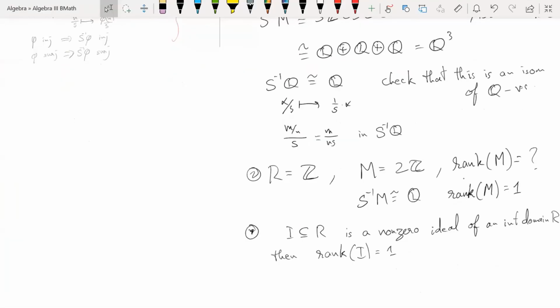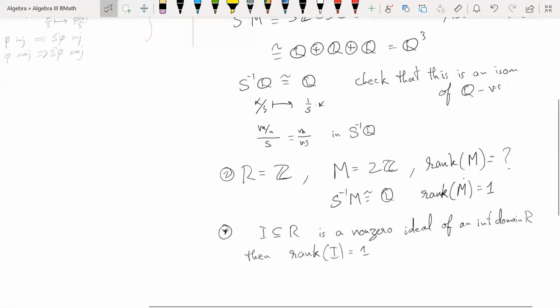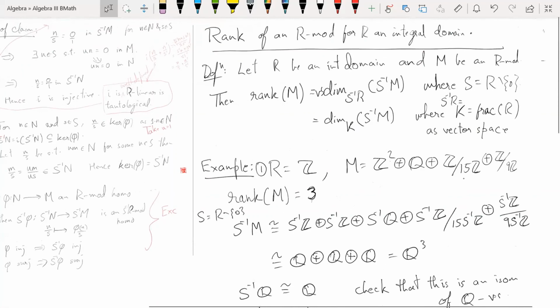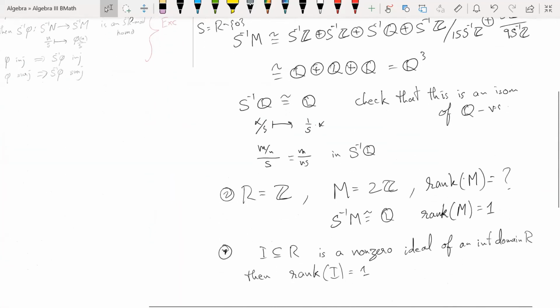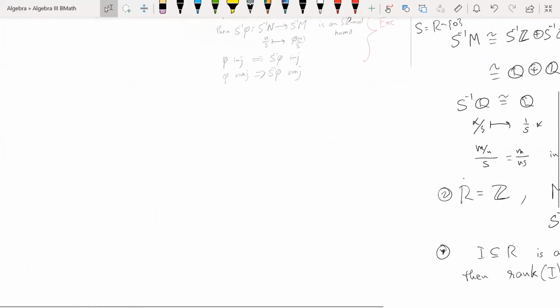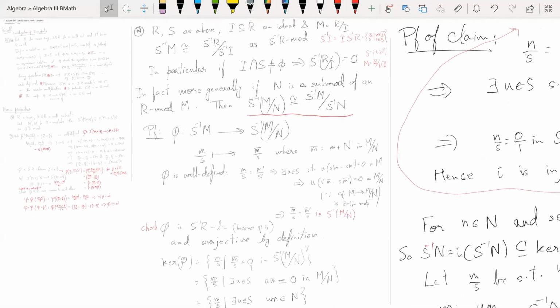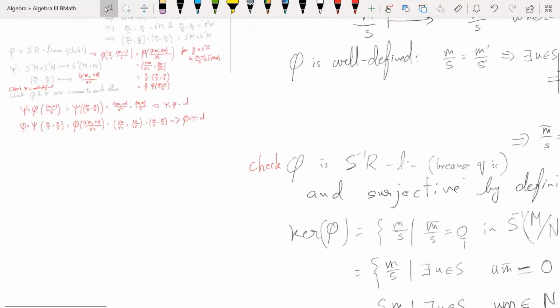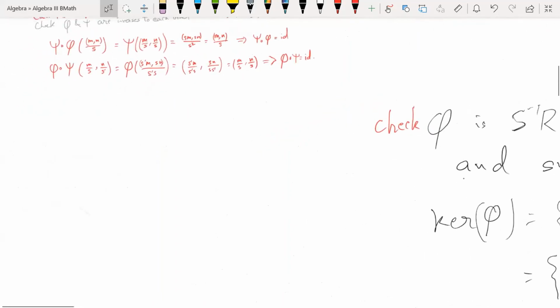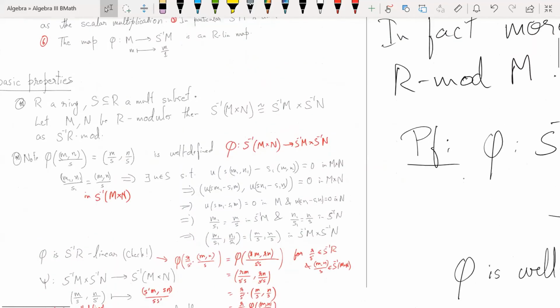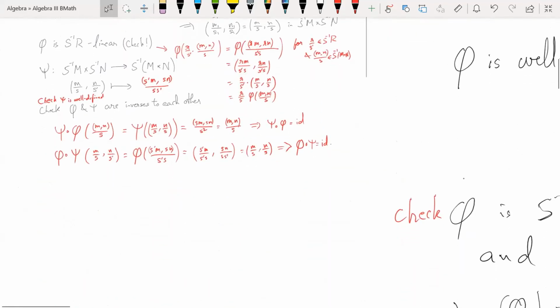So next I want to talk about torsion, but maybe let's first discuss this universal property of localization, since we are here. Then if time permits I'll talk about localization. So maybe we'll discuss it here: the universal property of localization for modules.